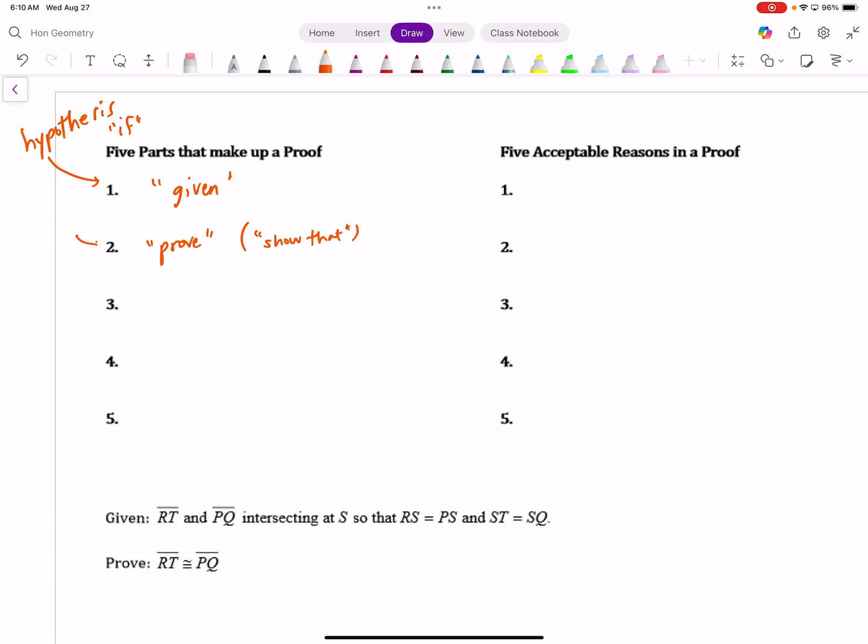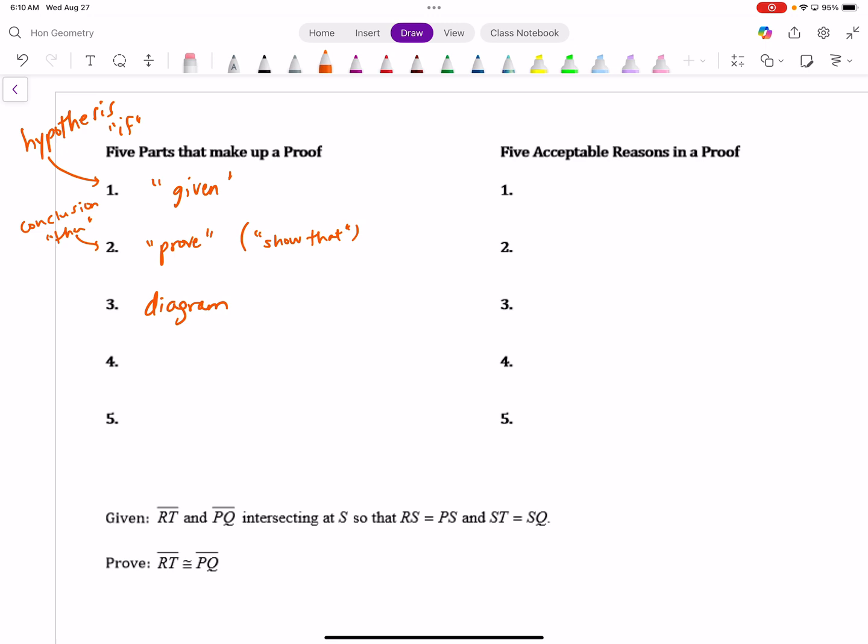That's going to be your conclusion. Or the then. Okay? You're going to have a diagram. No, I can't say no proof is good without a diagram, but for geometry proofs, we need a diagram. They don't make a lot of sense without the diagram.